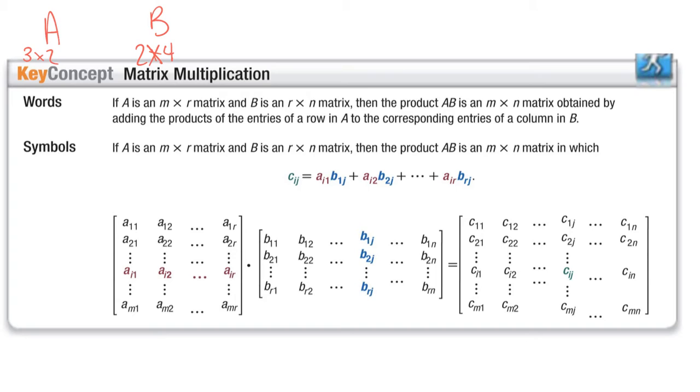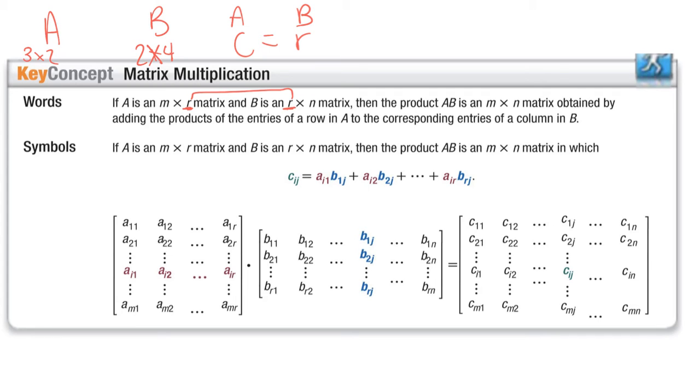So in order to be able to multiply, if you look at it, your columns in A have to be equal to your rows in B. And so that's where this down here comes in. It's M by R and R by N, where R has to be the same thing for it to work.